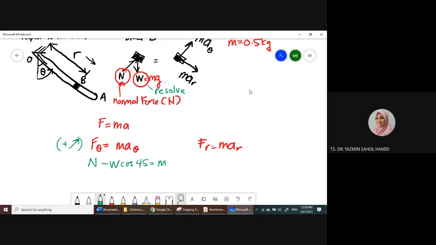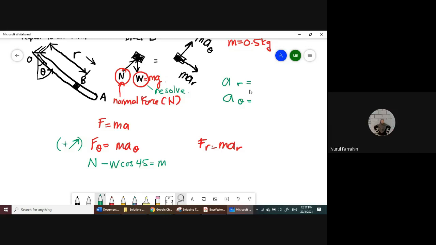Now, a theta. Do you remember the formula for a theta? I have given you previously. Can you please open your notebooks and tell me the formula for a theta? Remember, we have a formula for ar and then a formula for a theta. Do you remember, guys?